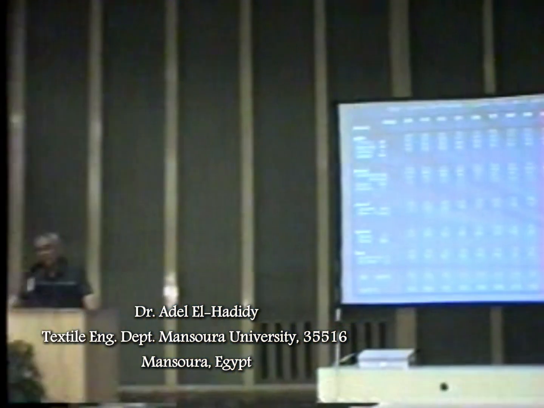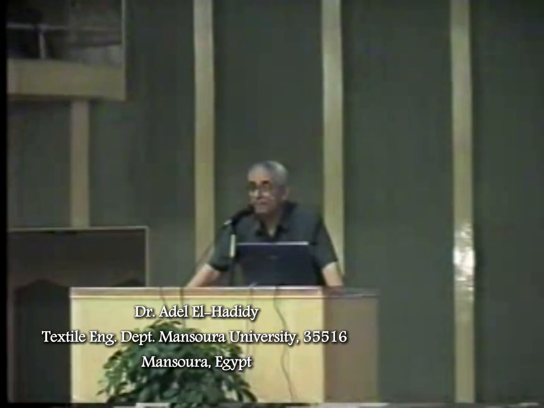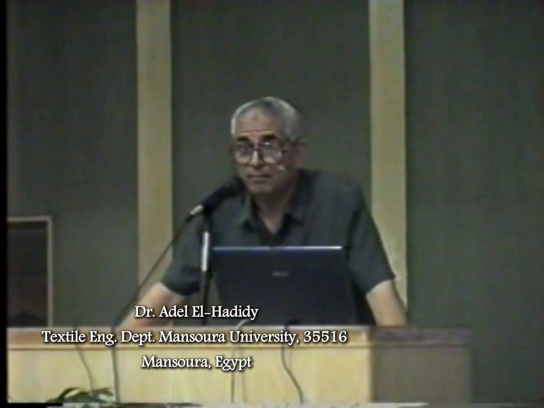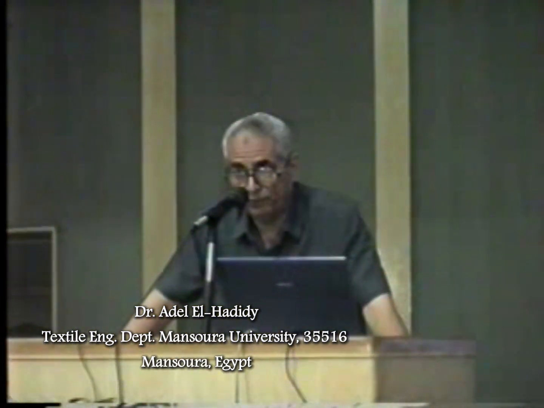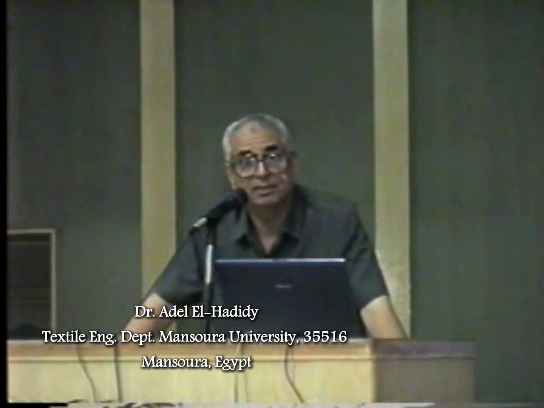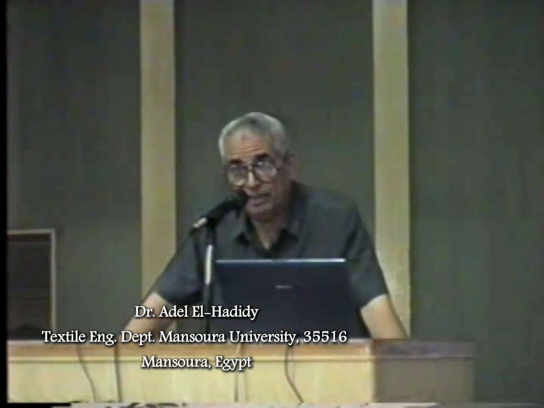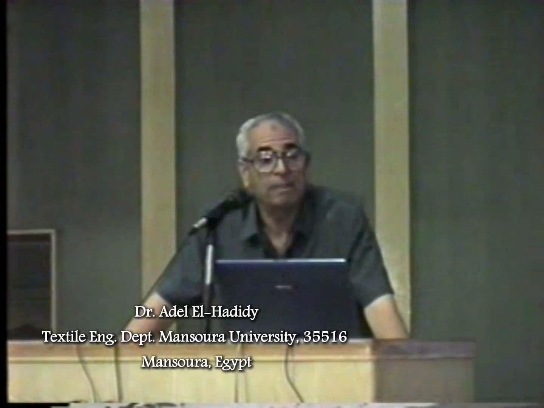And the columns represent some selected properties such as fiber length, given in 4 different scale measurements: effective length, mean length, uniformity percentage, and uniformity ratio.